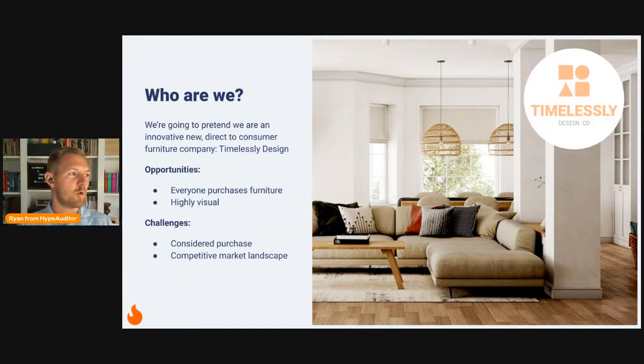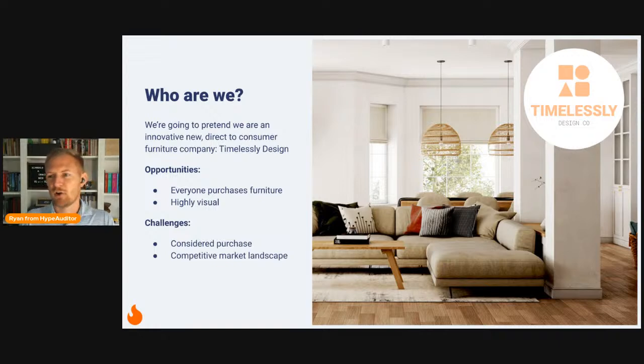There's still more and more direct-to-consumer furniture and home goods companies joining the market because logistically, it's easier to get things out to people. People are much more comfortable buying things. And so this is the space that we're going to pretend to be in. We need to find creators.